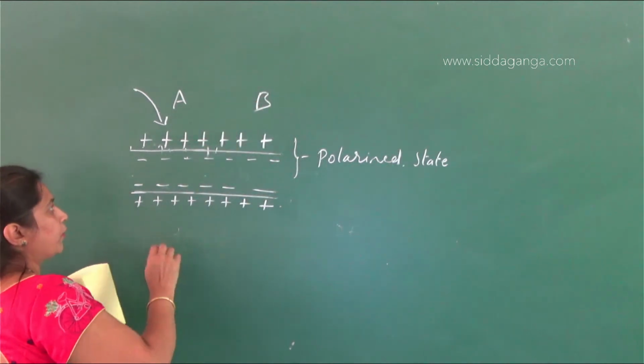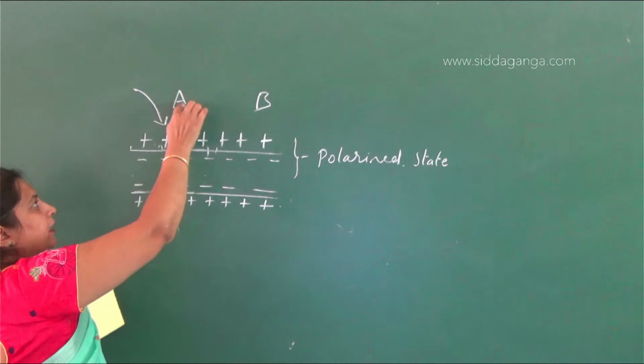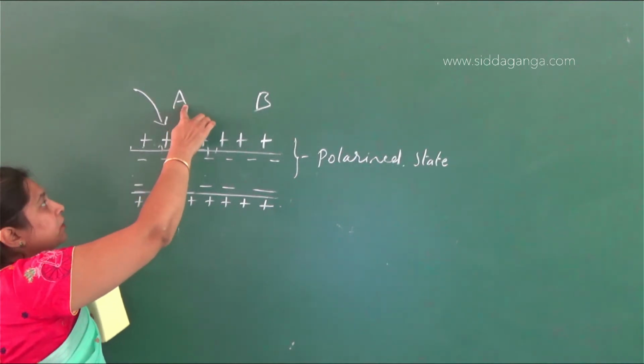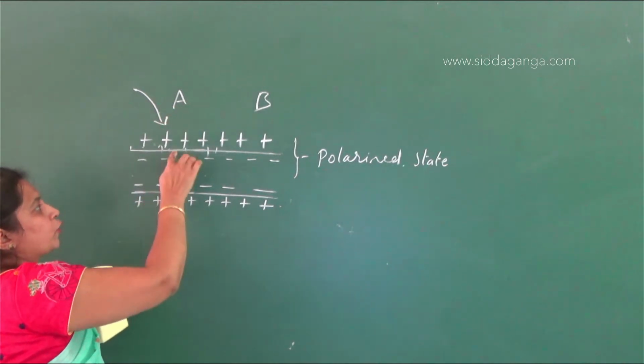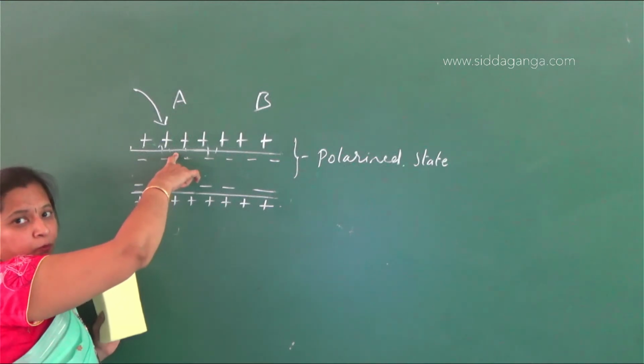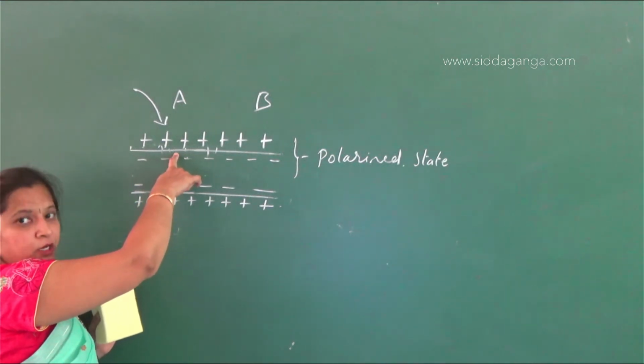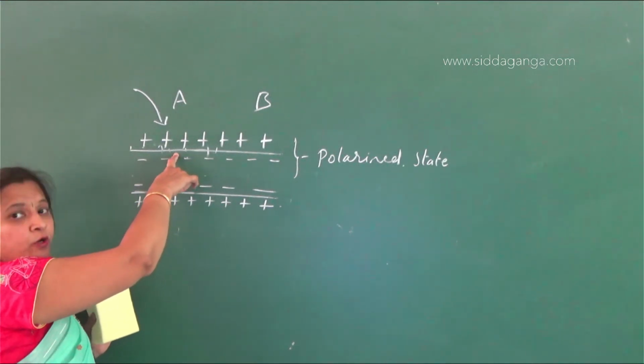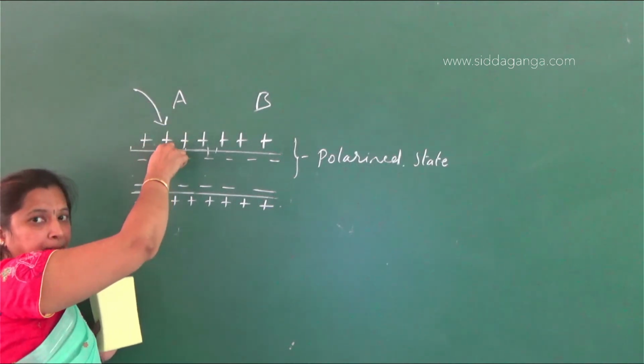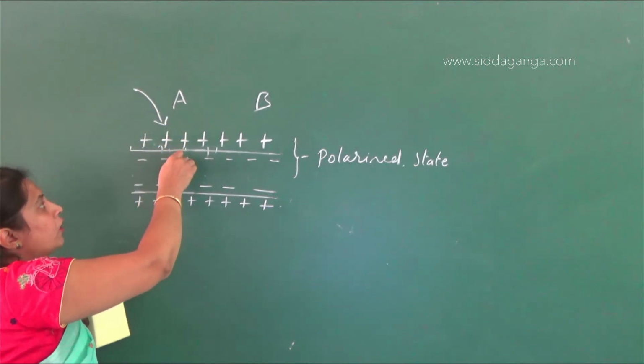If a stimulus is applied onto the A site, what happens? The sodium gated channels will open. Ionic channels are present in this axonal membrane.